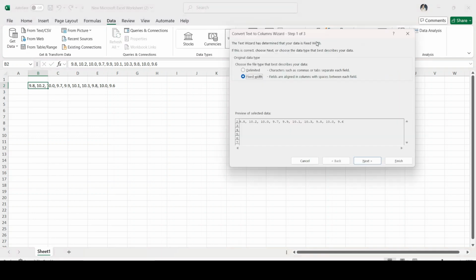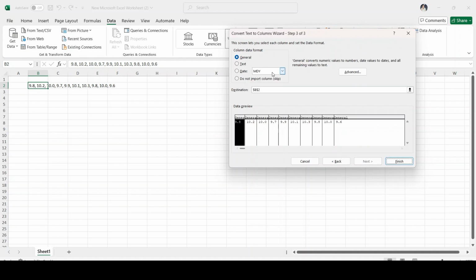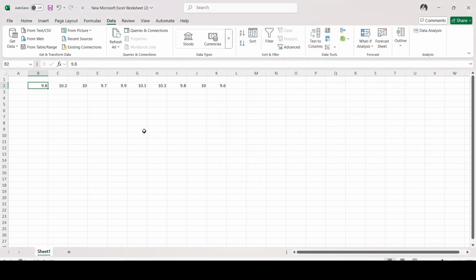Go to Text to Columns, choose delimited, next, separated by comma, next, and then finish. Before, all the values were in a single cell; now all of the values are in separate cells.